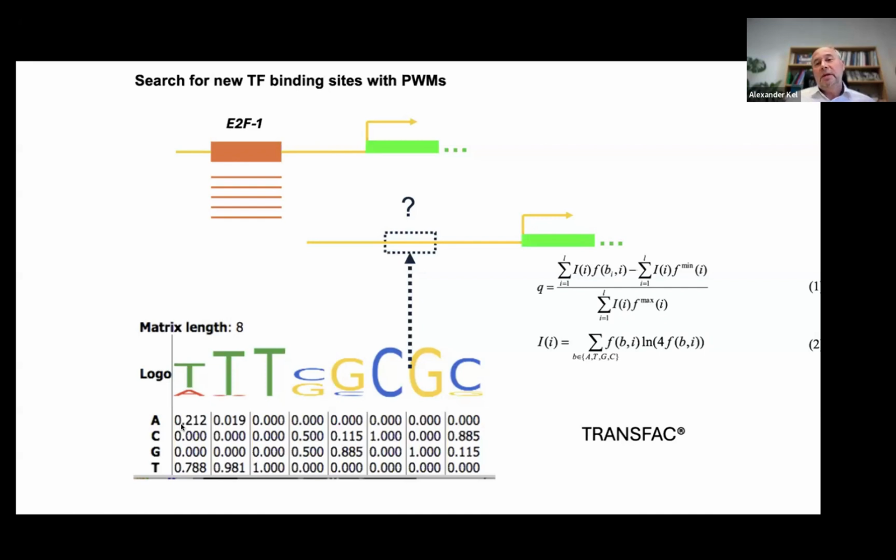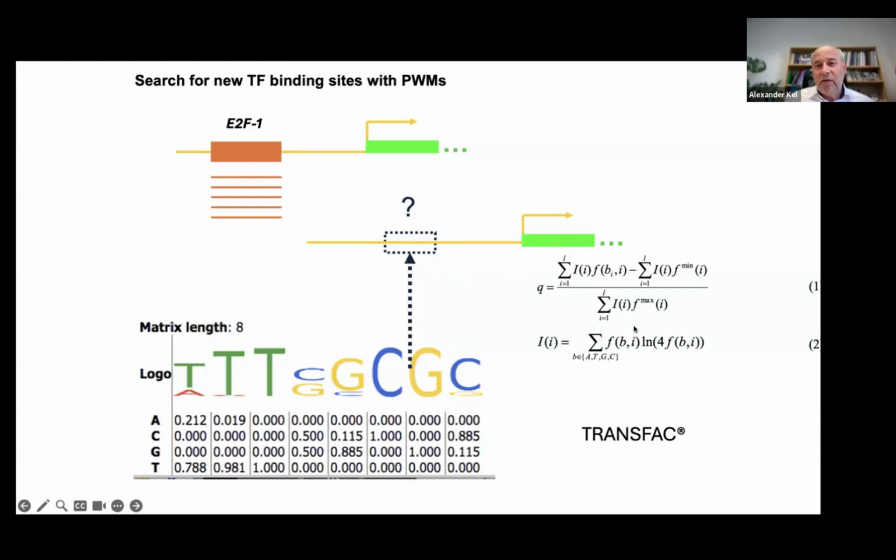The program takes the library of these positional weight matrices from TRANSFAC, and then it searches for matches. It's actually scanning the sequences which you gave, and it finds those positions in the sequence where the nucleotides are actually fitting to this matrix.